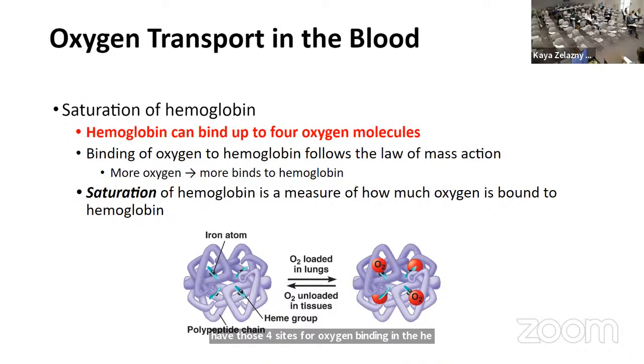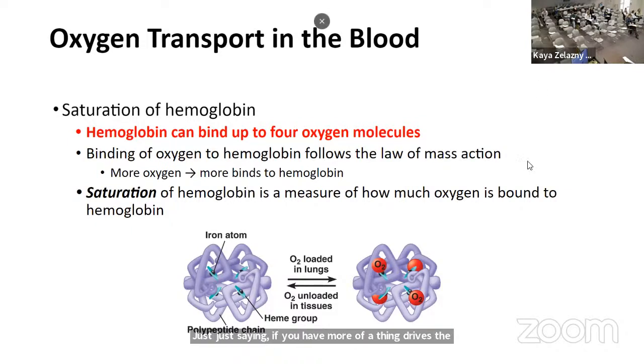And if we have all 4 filled, it can't attach any more, it's fully saturated. There's no more room for oxygen to bind, okay? So fully saturated hemoglobin would have 4 oxygen molecules bound to it, okay? And this is just following the law of mass action, which is just saying if you have more of a thing, it drives the reaction to the opposite side, okay?